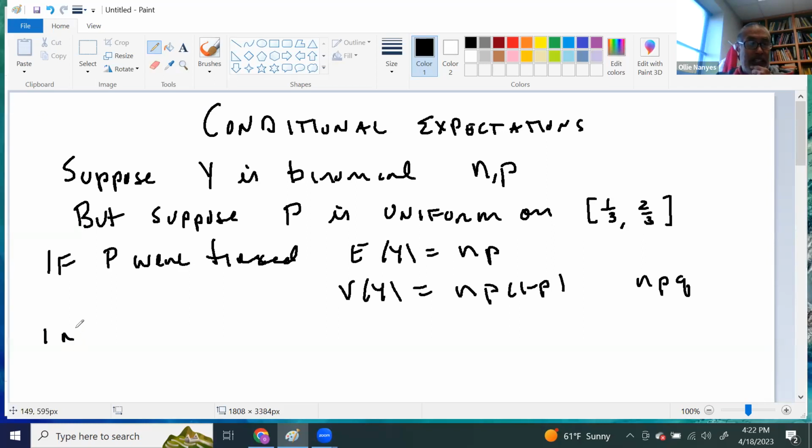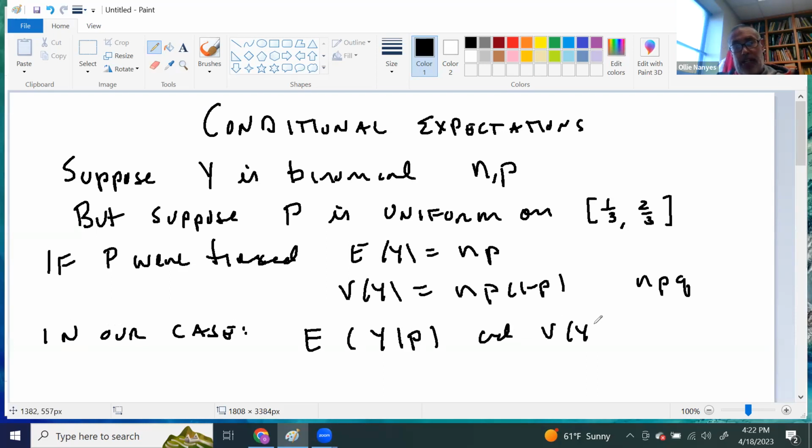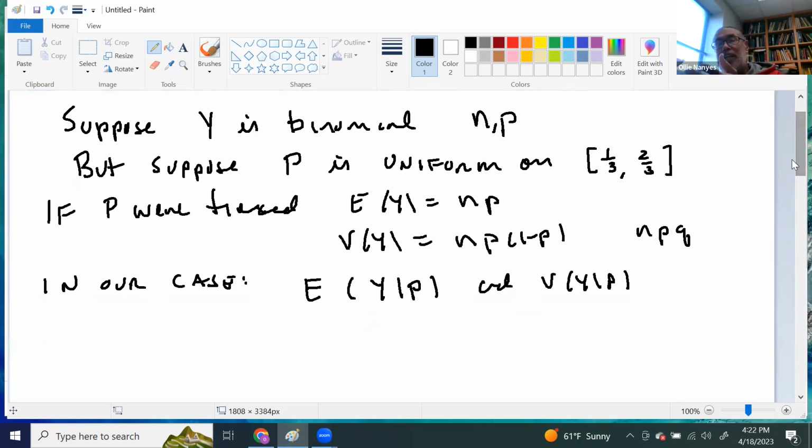So in our case, what we really are looking for is the expectation of y given p and the variance of y given p, because p itself is a random variable.